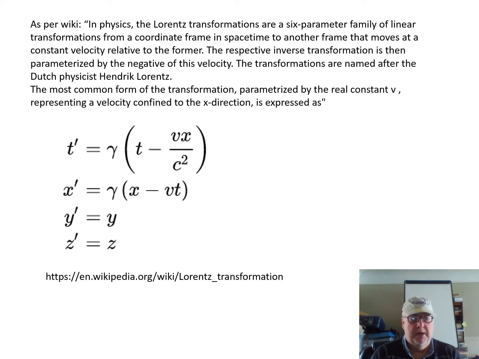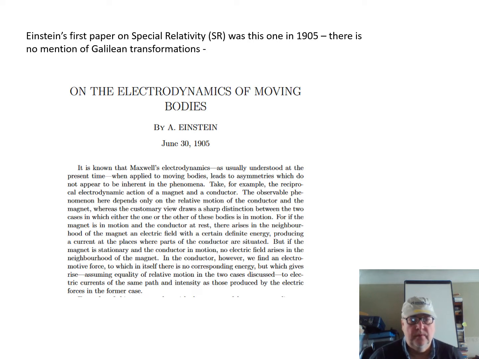And Wikipedia shows the Lorentz transformations as these equations. So Einstein's first paper on special relativity is this one here from 1905, and in that paper there's no mention of Galilean transformations.